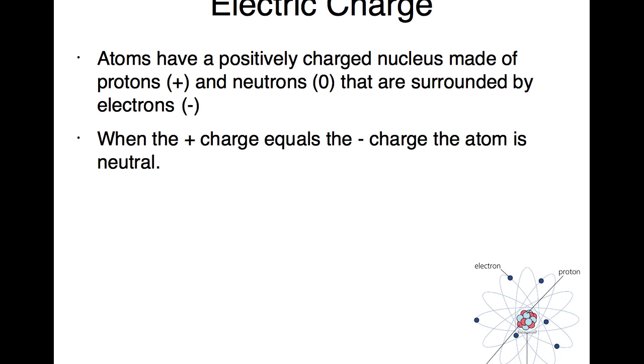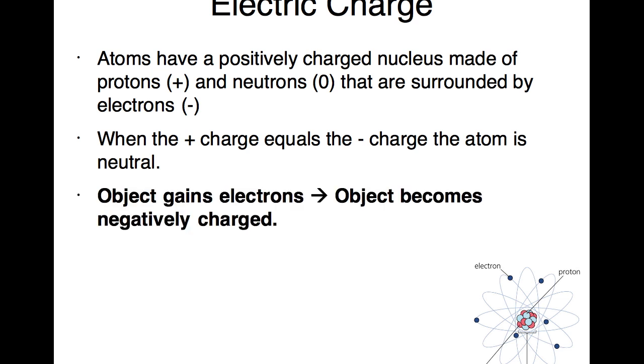But if you have two like charges, like a positive going towards a positive or a negative going to a negative, then you'll have what's called a repulsion or repel. So, when an object gains electrons, that object becomes negatively charged.